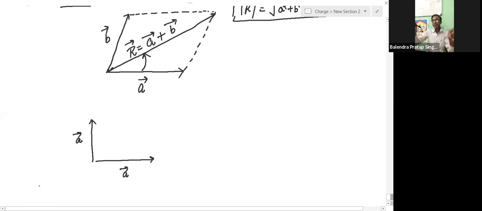Then in this case, what kind of shape will this parallelogram be? If these two vectors are equal and perpendicular to each other, what does this parallelogram look like?